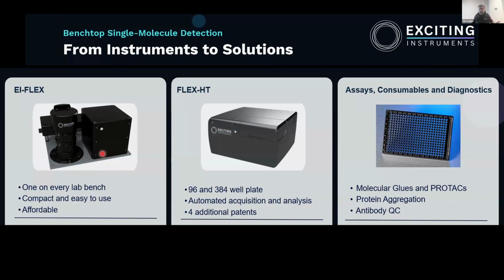So we really are now global, with boots on the ground, if you will. We're super excited about the Flex, obviously, which is now in many labs around the world across the US, Europe and the UK, enabling people to do single molecule FRET and FCS experiments.